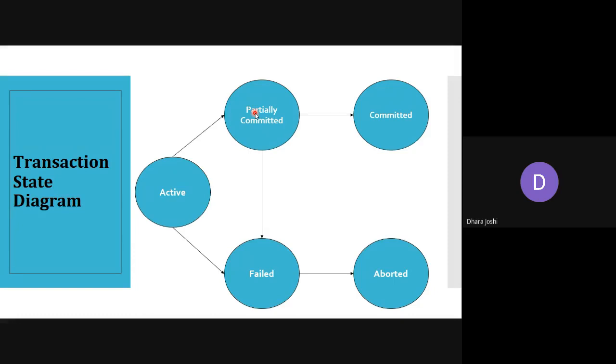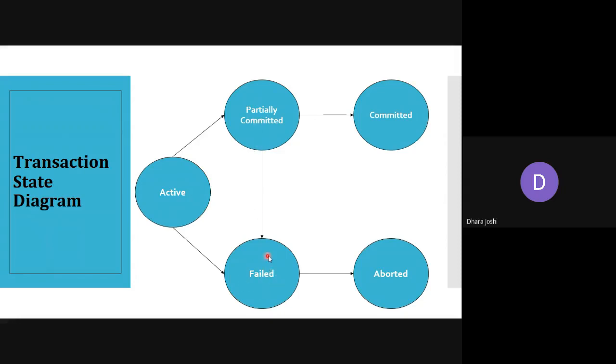So first we reflect all the changes in the buffer, and once all the instructions are executed properly, then we reflect those temporary changes into the database, so we are in the partially committed phase. It is possible that all 15 instructions are executed and we are in the partially committed state, and then a failure occurs. At that time, we are again in the failed state.